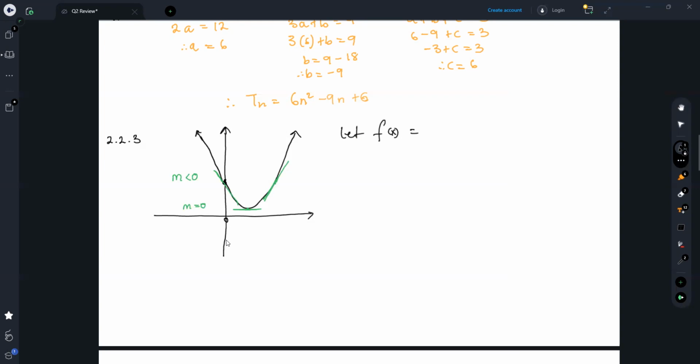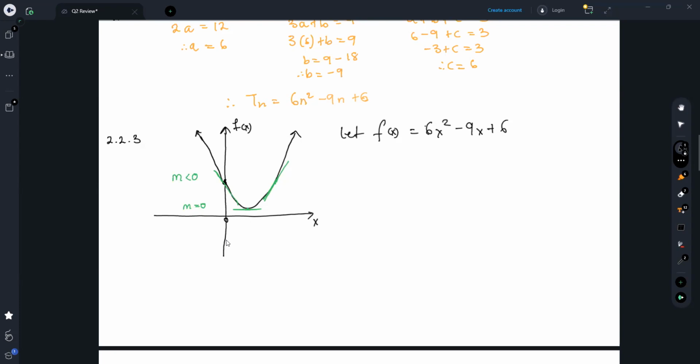And then I can go back and compare it with T of n here, the number pattern. So this would be 6x squared minus 9x plus 6. Okay. So now what will I do here? Well, let me just allow this to be x for now, and let me allow this to be f of x.